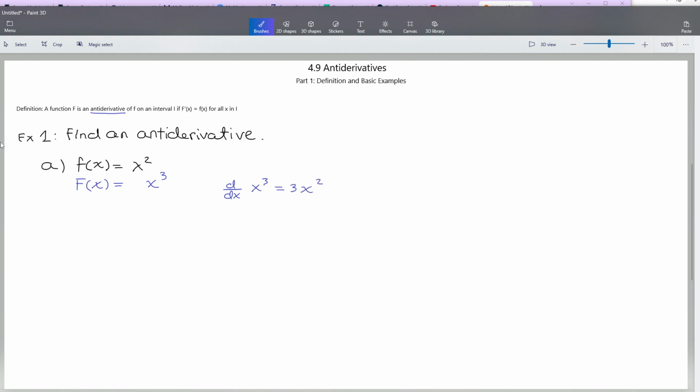Which is similar to what we want, but we don't want the 3. So we're going to put 1/3 here so that when we do take the derivative, this 3 and the 1/3 will cancel out. We can check that it works by taking the derivative.